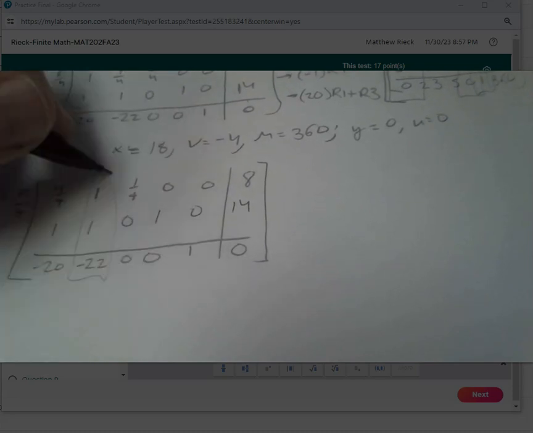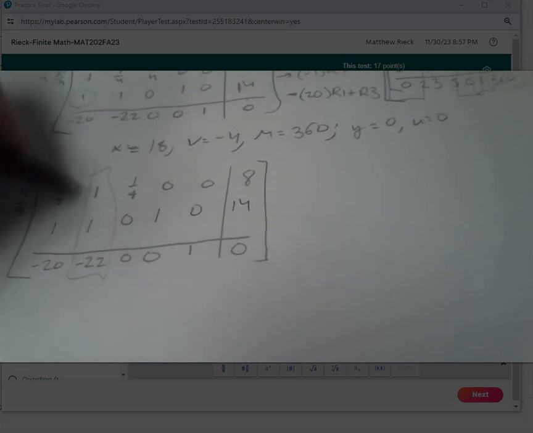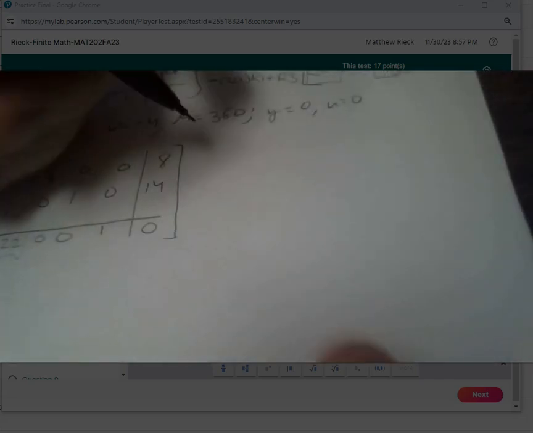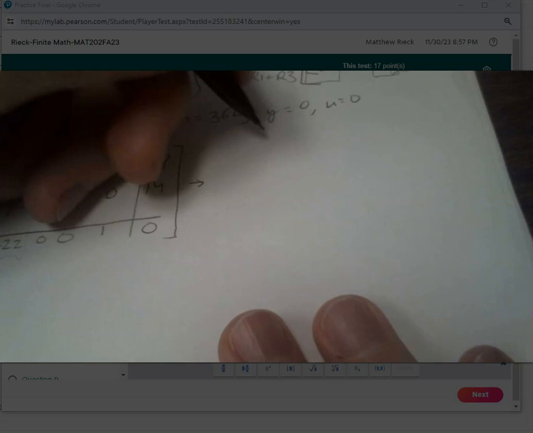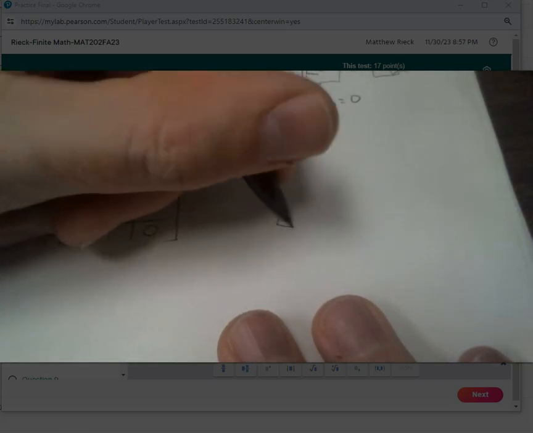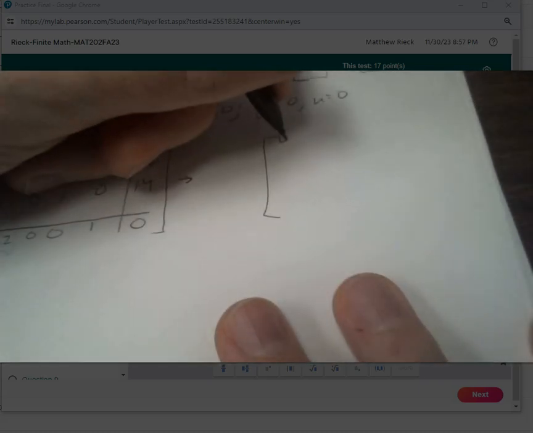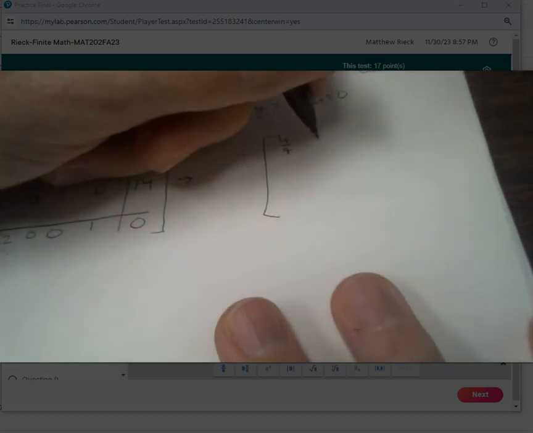All right, and in this case, we're pivoting about this column. So we want to get a 0 everywhere else in this column. So again, the first row is going to stay as it is.